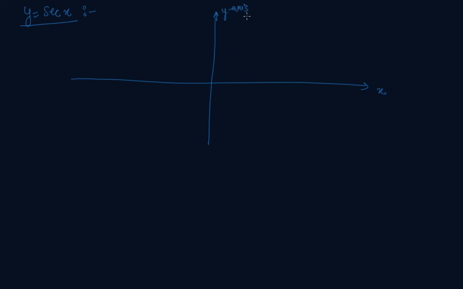The graph of y equal to secant of x will look something like this. Let me redraw it.